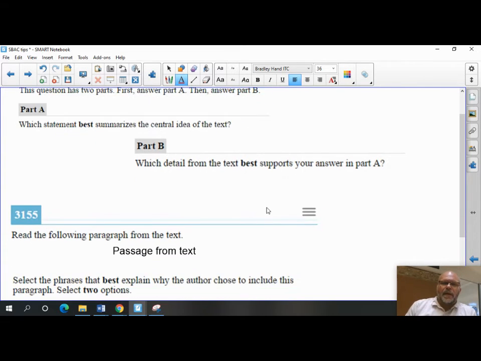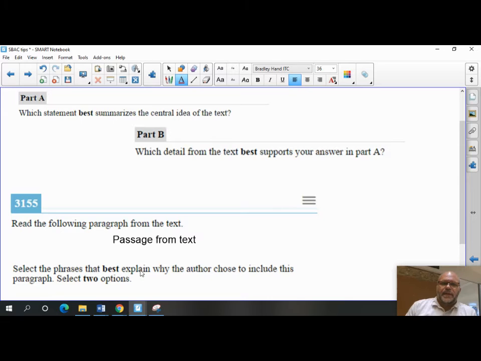Okay? And then read the passage, select why author chose to include that. That's an author's purpose. What's the purpose the author had in doing this? Okay, so you've got to know that particular kind of thing. You're guessing at the author's intent. I personally find these very hard questions to do because a lot of times I'll look at the standardized test answers and think, I don't think that's the author's purpose.